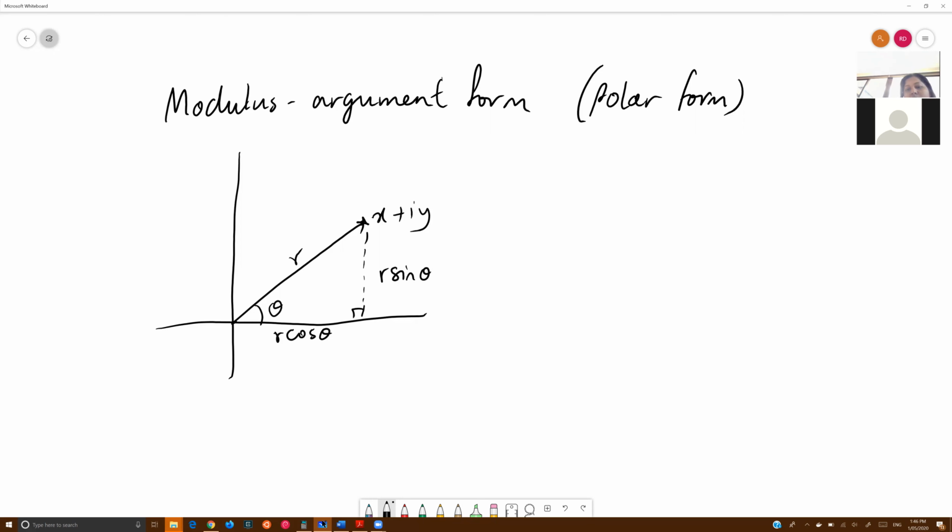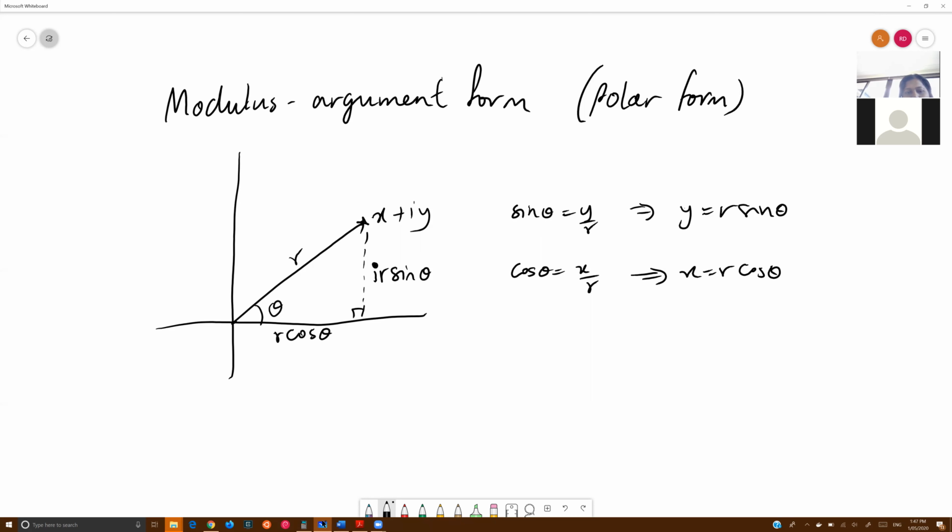So you've got sine theta equals y over r, and cos theta equals x over r. So rearranging them, you get y equals r sine theta and x equals r cos theta. So instead of y, I've got r sine theta, and let's not forget the i.